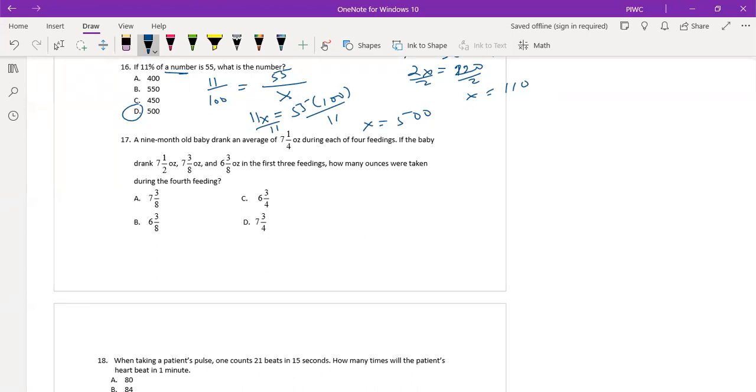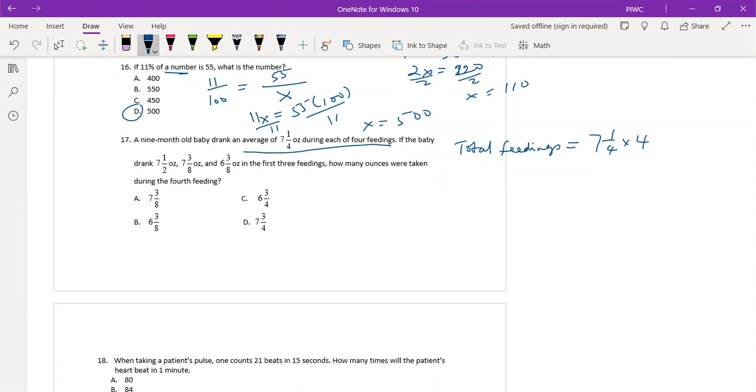So since we've been given the average for 4 feedings, we can use that to find the total for the feedings, which will be the average, 7 1/4 times 4. Average means each if divided equally, so 4 of them to get a total.